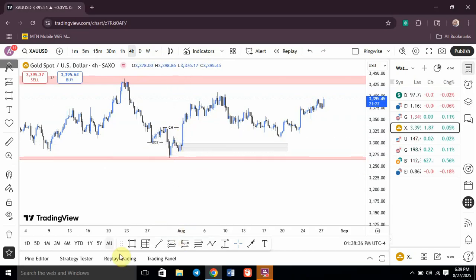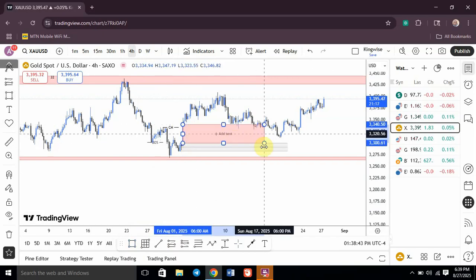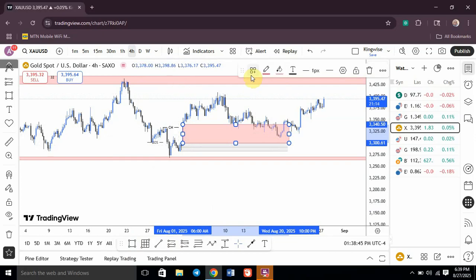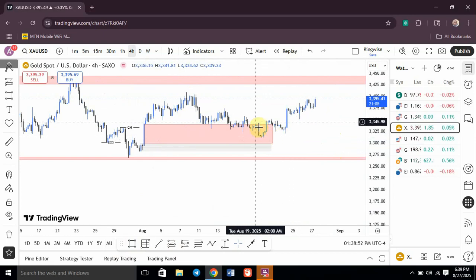So we can see a bullish fair value gap here, which market reacted from.